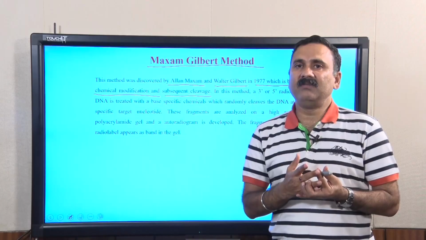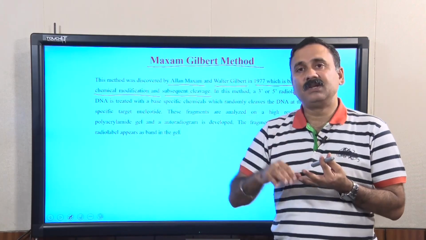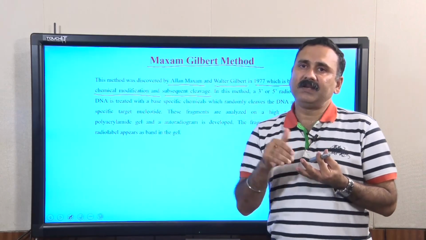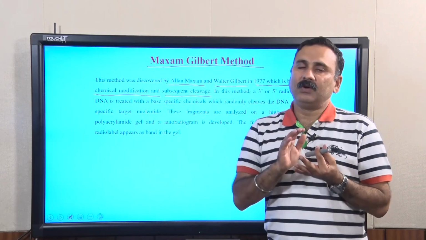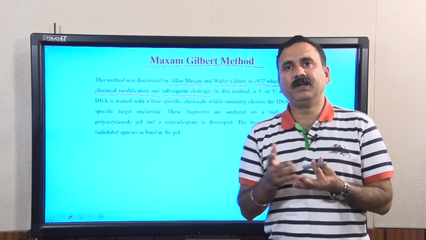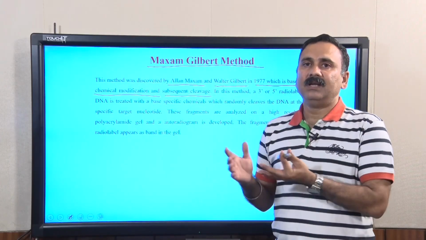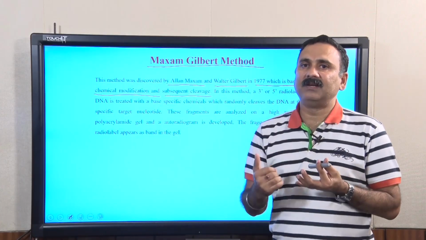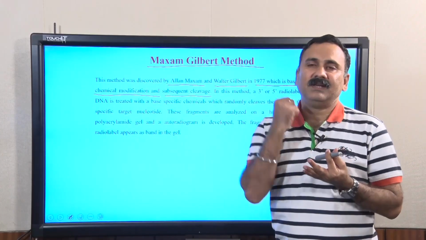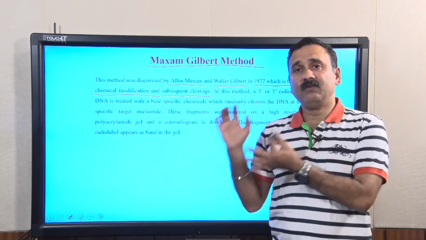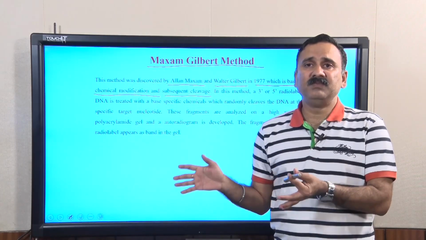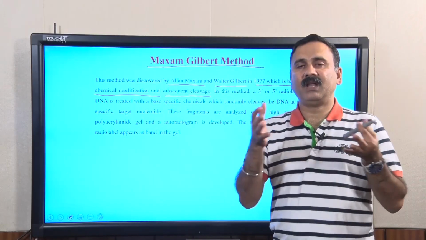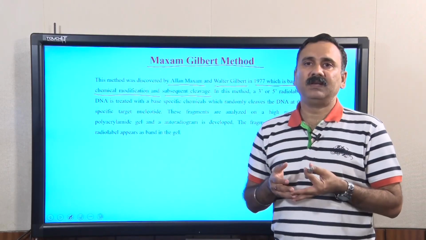If the DNA polymerase incorporates T even if the template says you have to incorporate A, your sequencing may not be correct, because ultimately what you get is the bands. So the Sanger method depends on the enzymes to give you the final DNA sequence, which means the whole method depends on the sensitivity and the accuracy of the DNA polymerase you are using for these reactions.